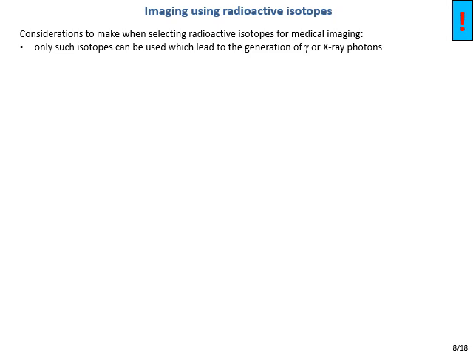One of the things you have to consider is the type of the radiation emitted by the isotope. As a general rule, only isotopes directly or indirectly leading to the emission of gamma photons or X-ray photons can be used for medical imaging purposes.